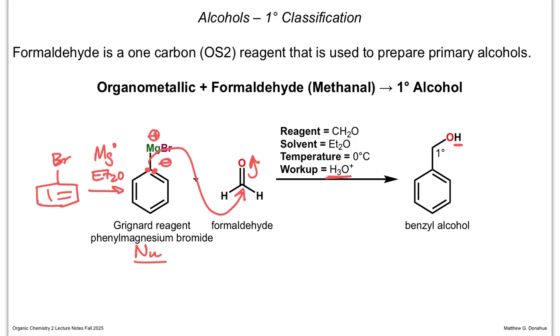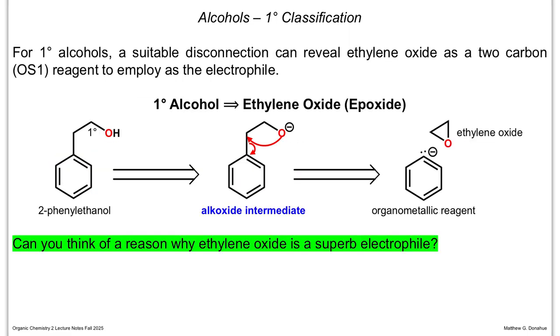So formaldehyde is a good source of 1 carbon. There's another reagent we can use that will make primary alcohols, but it has 2 carbons.